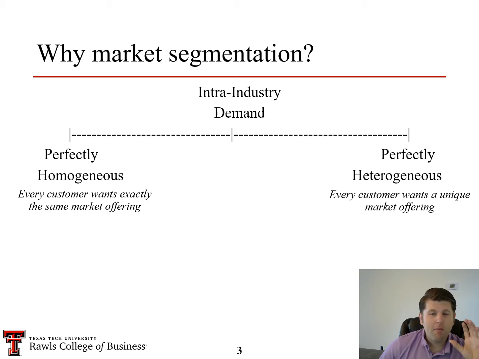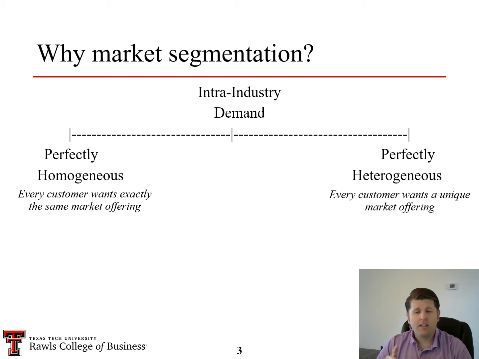But in a perfectly heterogeneous demand, every customer wants a unique market offering. So every customer, they want a different type of fast food, and they want a different way that they want it made. So, for example, if we talk about McDonald's as our firm, we could say every customer wants their burger made differently.